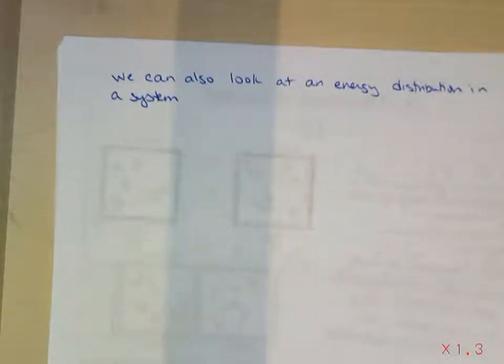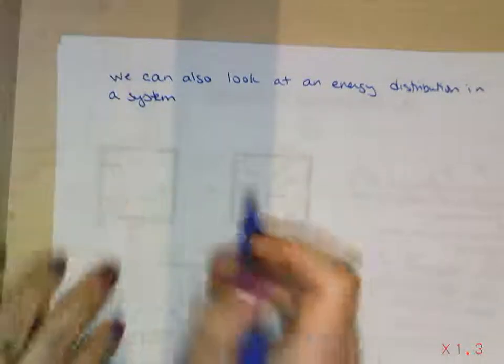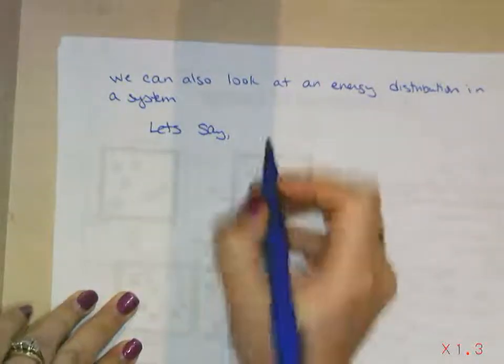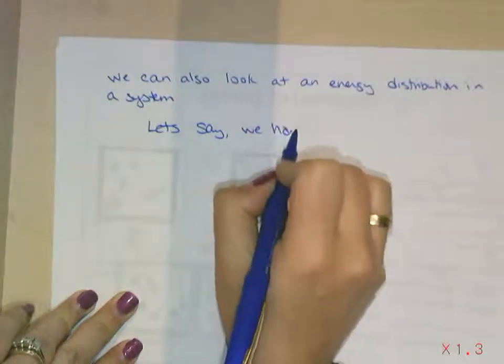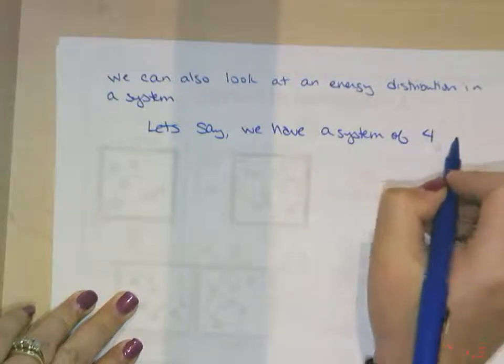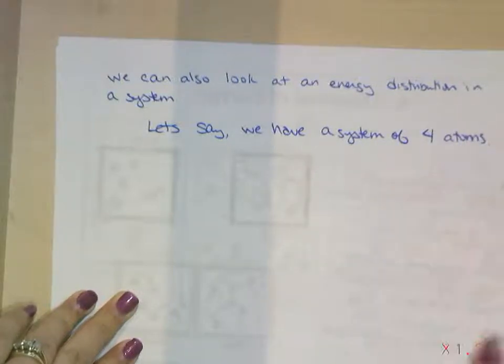So we're just going to do small scale. So let's say I have a system with just 4 atoms in it.